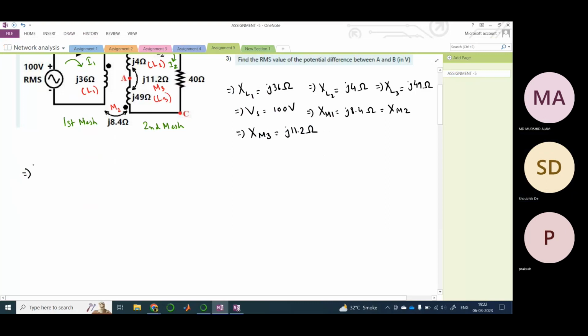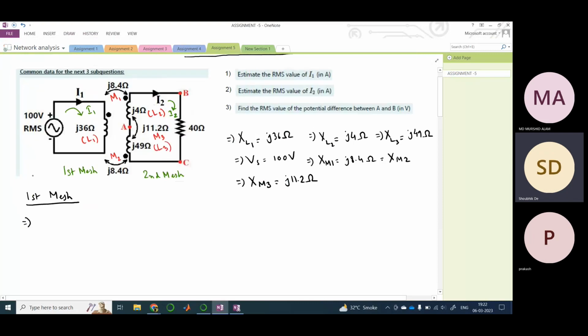Okay, so let us solve the first mesh. What would be the equation for the first mesh? This would be Vs equals I1 into XL1, but we won't stop here, right? Because there are mutual inductances.